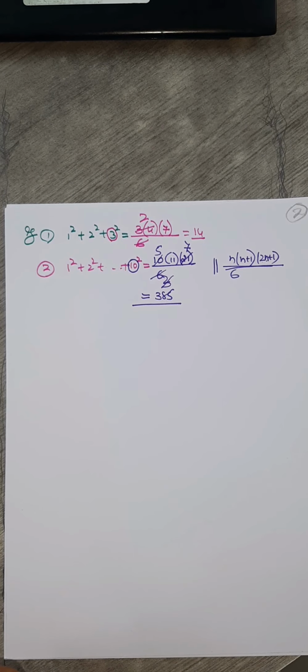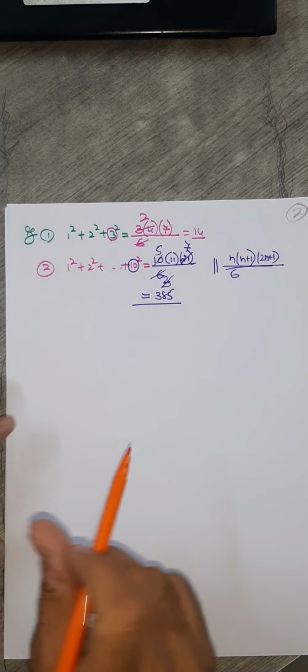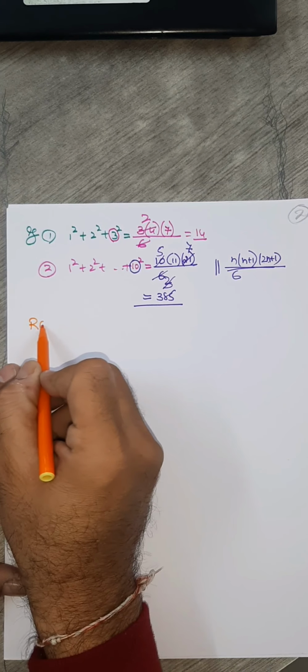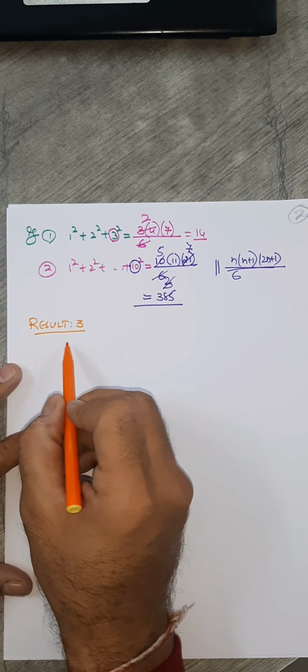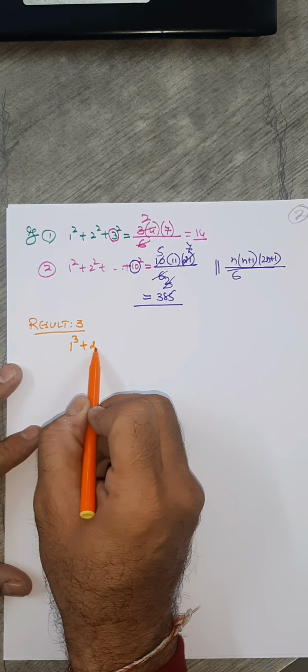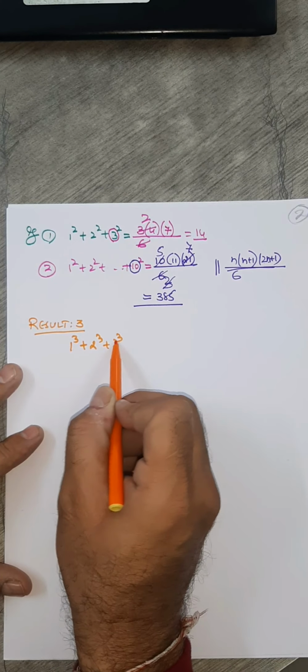Now we go to one more result. Let me write result number 3. That is also an important result. Result number 3, which is about 1 cube plus 2 cube plus 3 cube and so on up to n cube. What is this? This is the sum of the cubes of the first n numbers. I repeat, sum of the cubes of the first n numbers. You can express it in the form of sigma notation also.